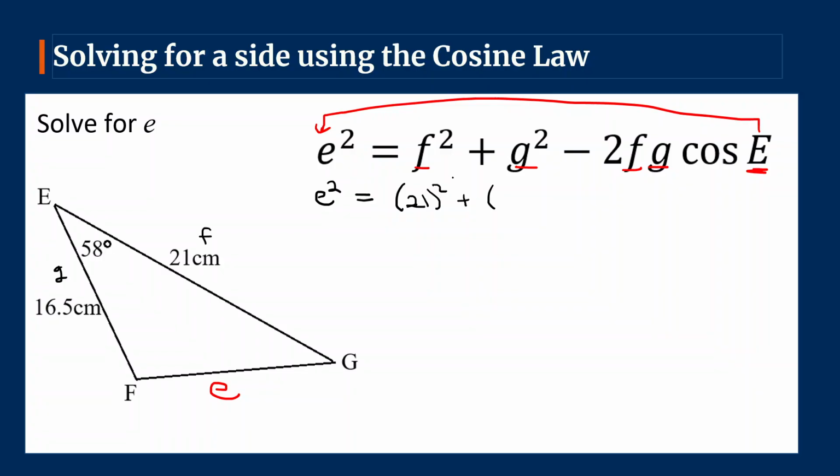So that'll be F squared, 21 squared, and then 16.5 squared minus 2. That 2 is just part of the equation, times 21 times 16.5. And I always put a bracket here. It depends on your comfort, but that means multiplied by cosine of angle E. So that's just substituting in.